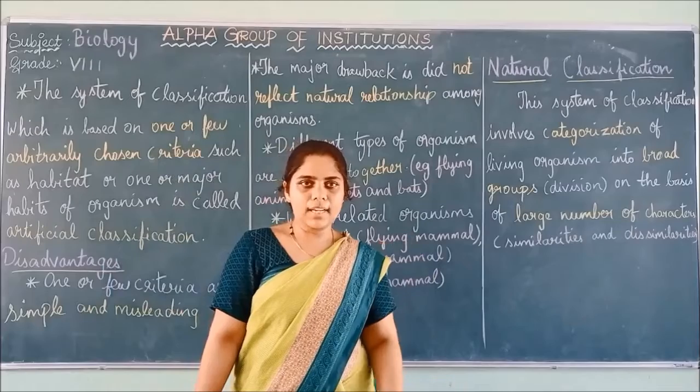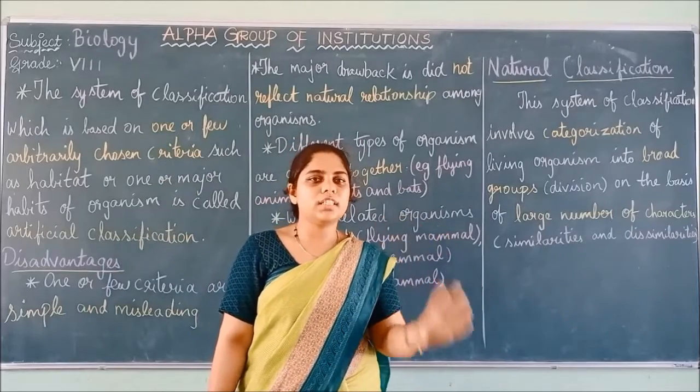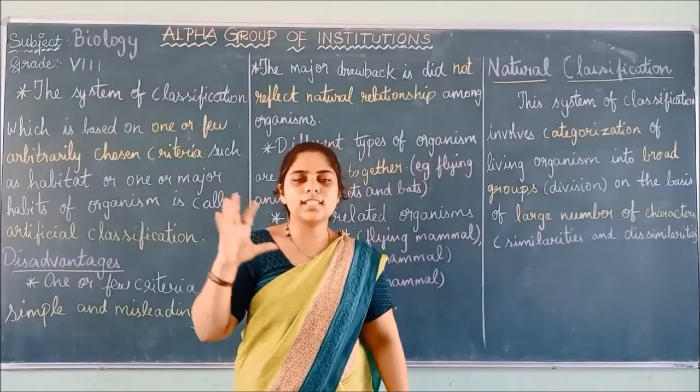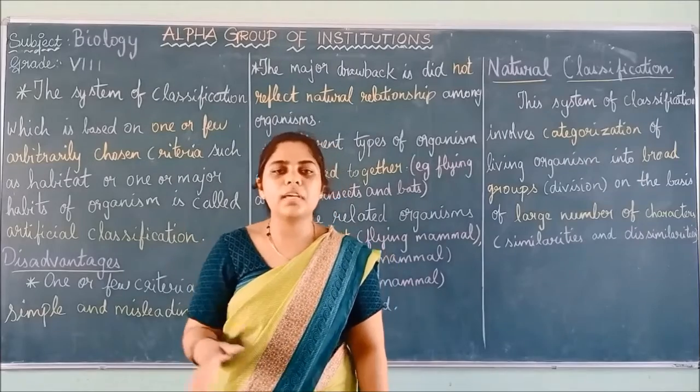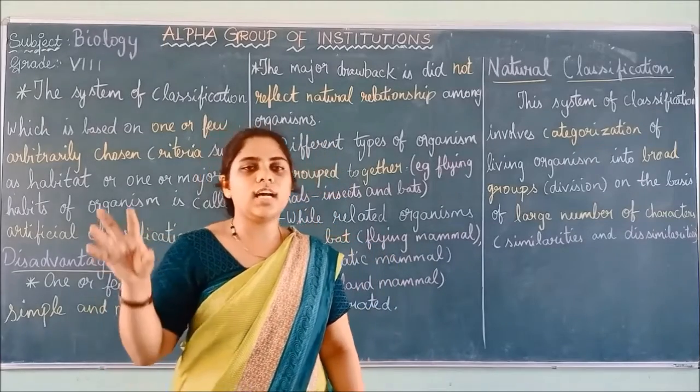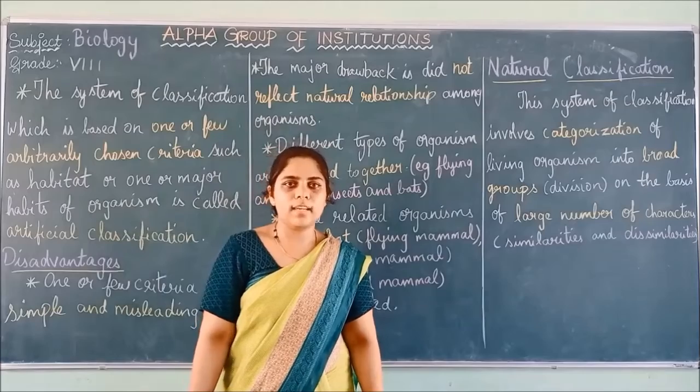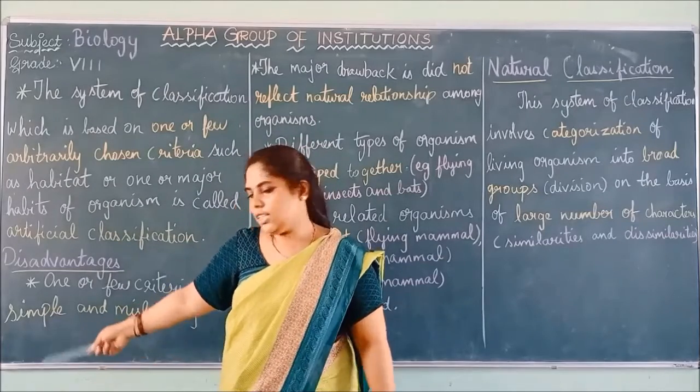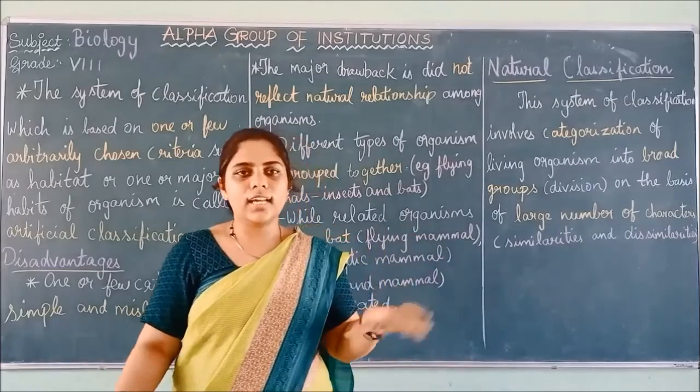So with the habitats alone we cannot classify the organisms. There are some characters that should also be included, and based on that the classification has to be made. So that is what is said here. It is very simple and it can mislead.